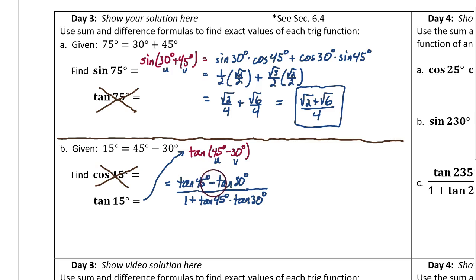In that trig identity, there's a minus sign in the numerator when we have a difference. And this symbol here is the opposite of whichever one is put in the numerator.